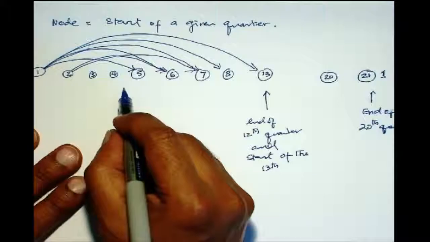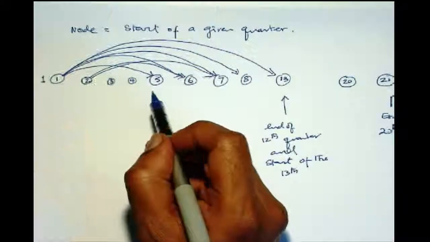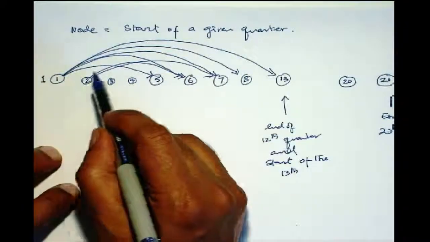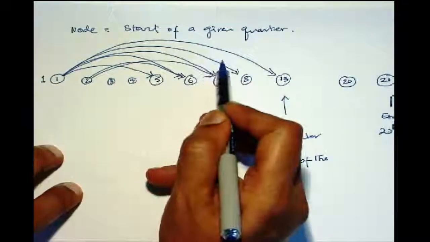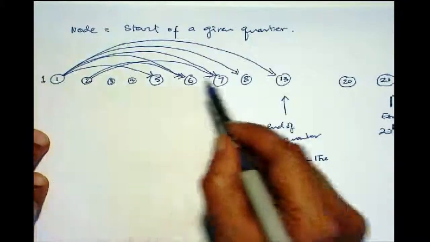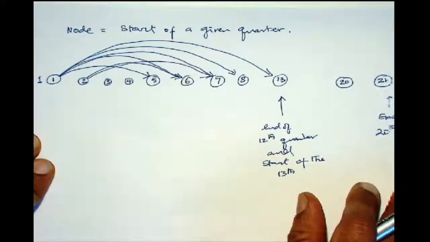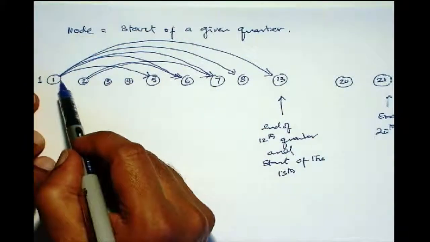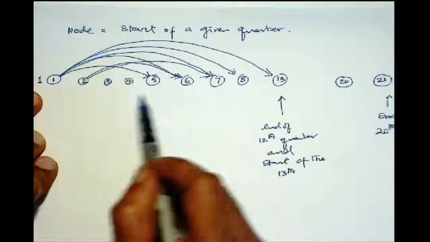That is, if you come in, then you have to get out. If you don't come in, of course, don't get out. So this is now a shortest path network, and these are the arcs that you have to have. These are the nodes. Once again, each node is the beginning of the quarter.